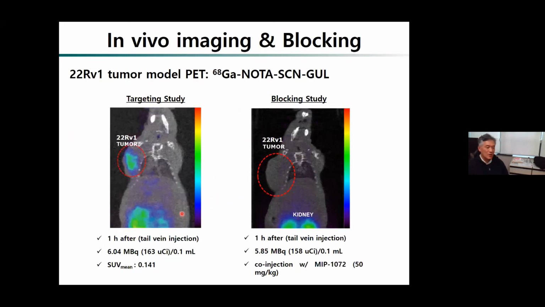And also we used 22RV1 as a PSMA positive tumor cell. And then we also did a blocking study for evaluation of the specificity of this compound.